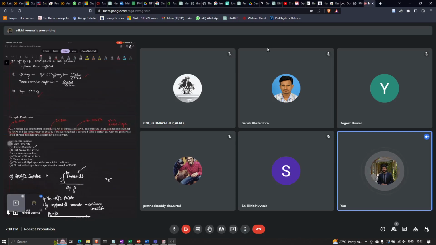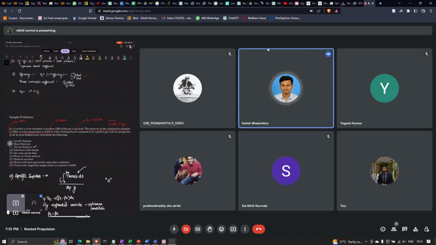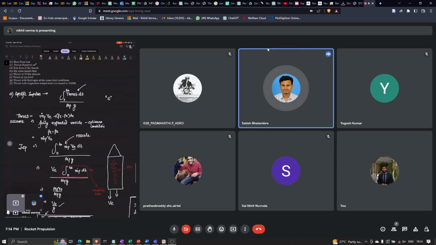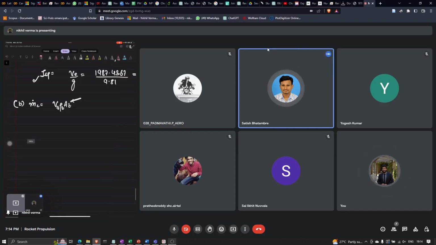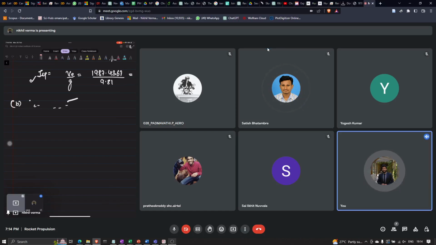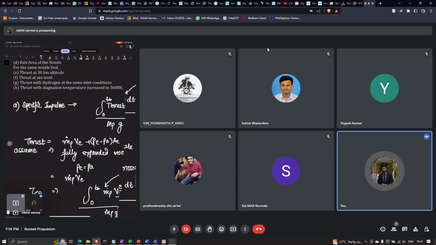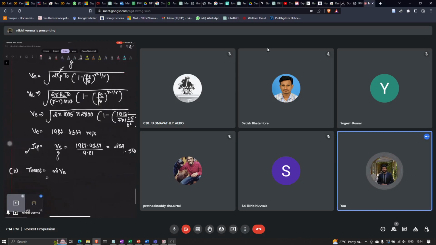I hope this is visible, right? A rocket is to be designed. Yeah, exactly. So we can use the relation for thrust as well. So the thrust is equal to m dot v at the exit, right? And the thrust is given for this problem, that is 5 meganewton.